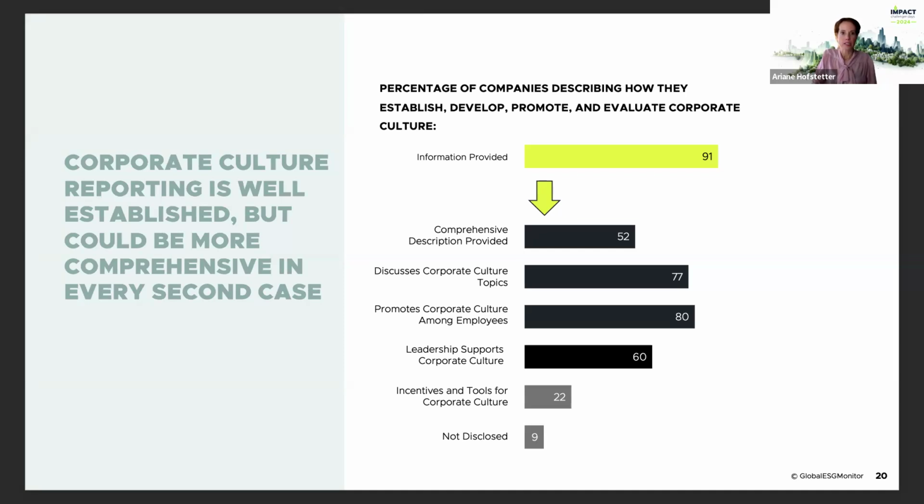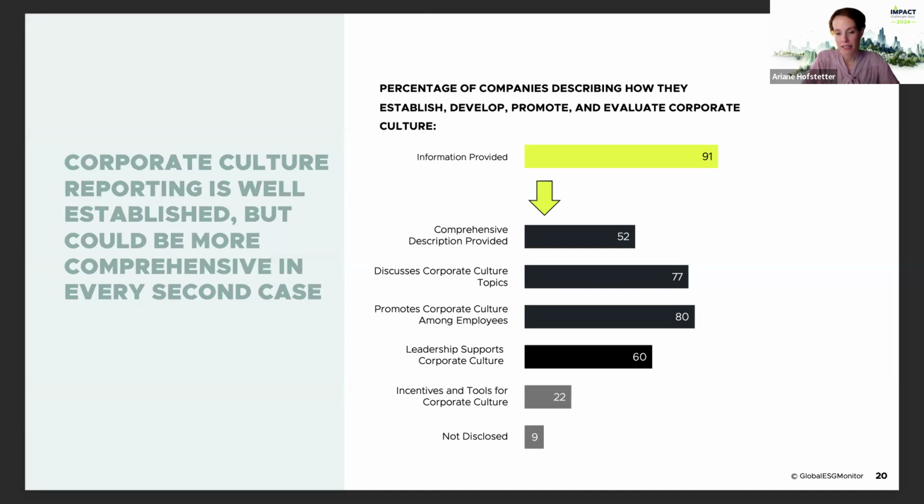What we see here is how corporate culture reporting looks in general. There is a description provided in 91% of all the cases we have analyzed, whereas only 52% of the companies we would consider as reporting comprehensively about this.